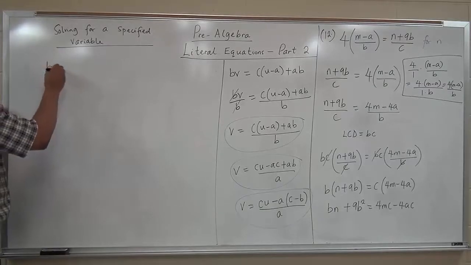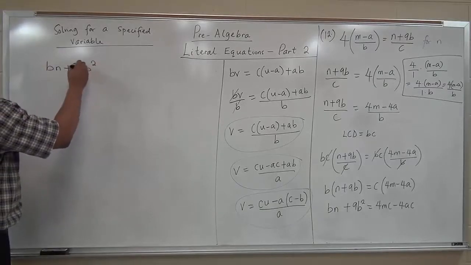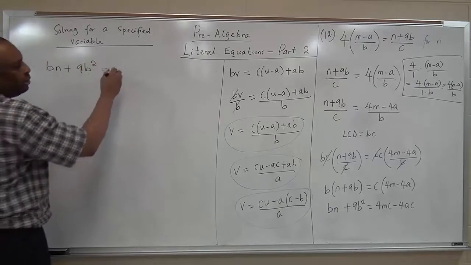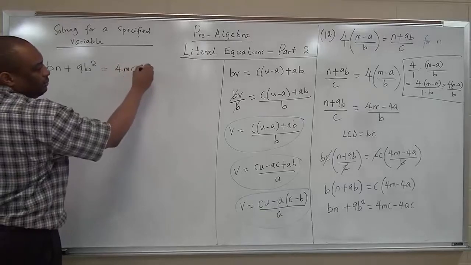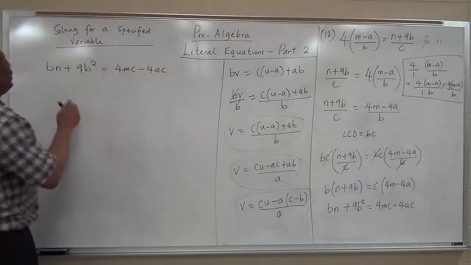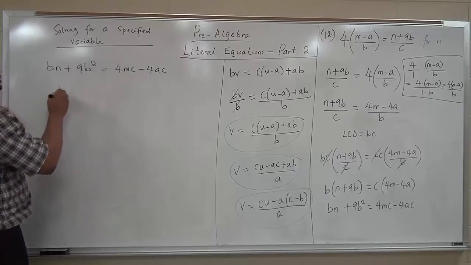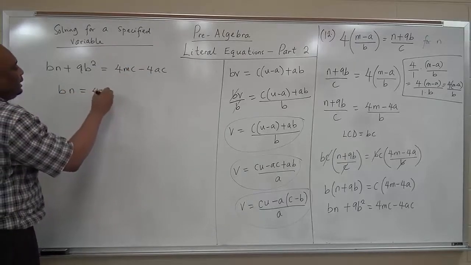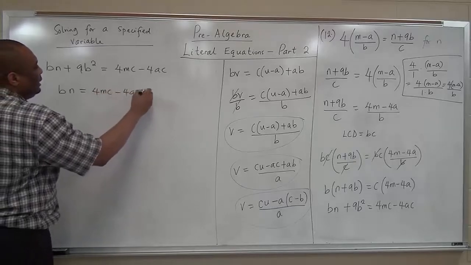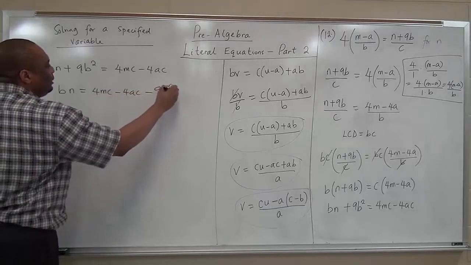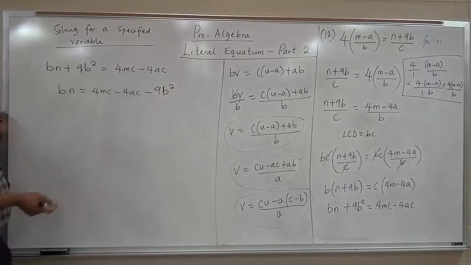So we have bn plus 9b squared is equal to 4mc minus 4ac. Subtract 9b squared from both sides. So bn is 4mc minus 4ac minus 9b squared. Divide both sides by b.